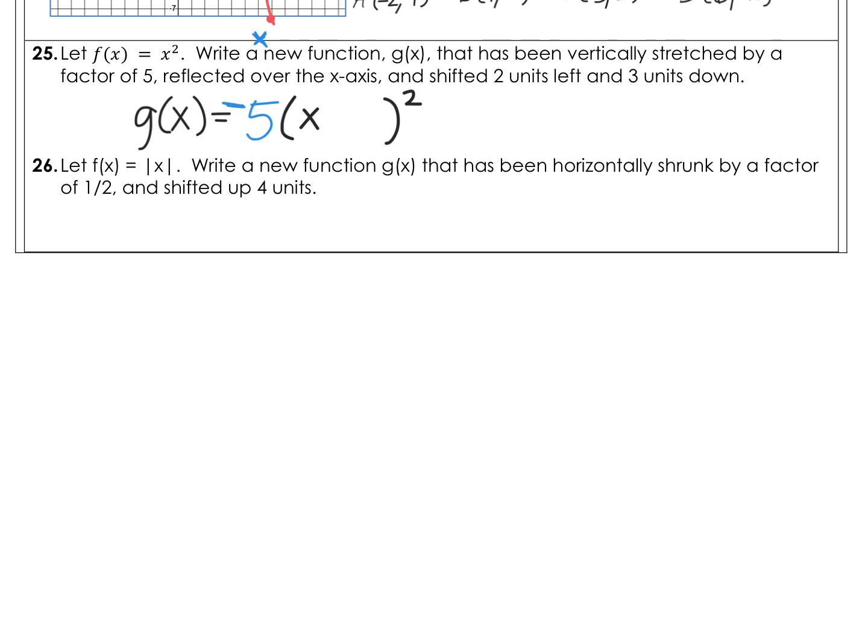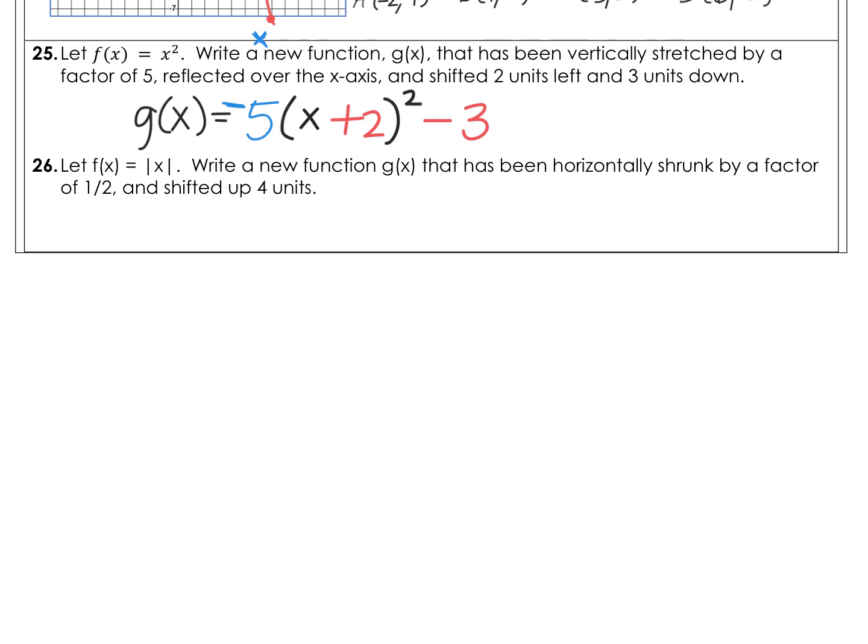That's flipping vertically. So -5 out in front, and we know it was shifted 2 units to the left and 3 units down. Inside's a liar, so to make it go left, I have to add 2. And then 3 units down, to make it go down, I do -3. So notice we're calling it g of x because it's a new function. We don't want to call it f of x because f of x is already taken. You just give me new letters.